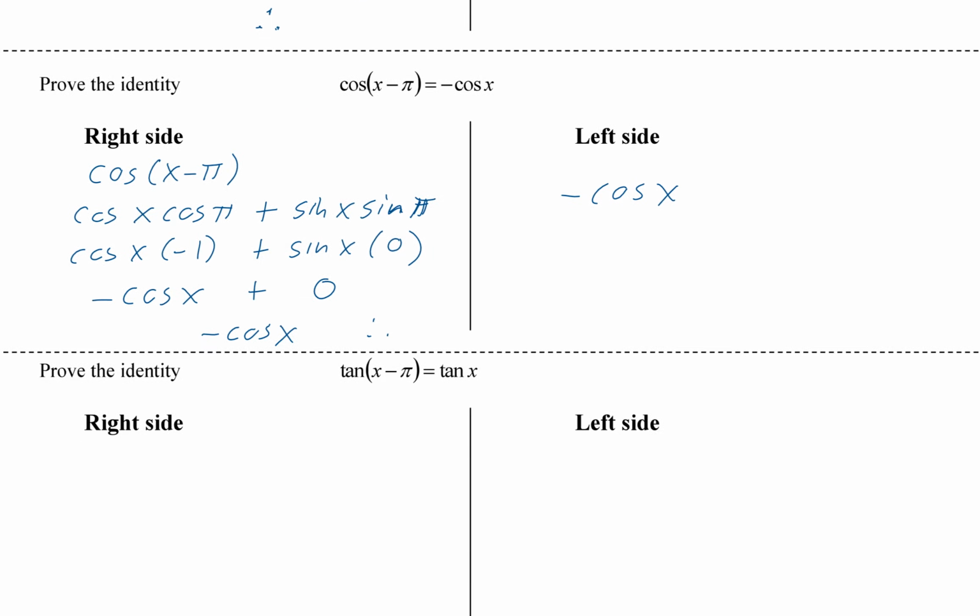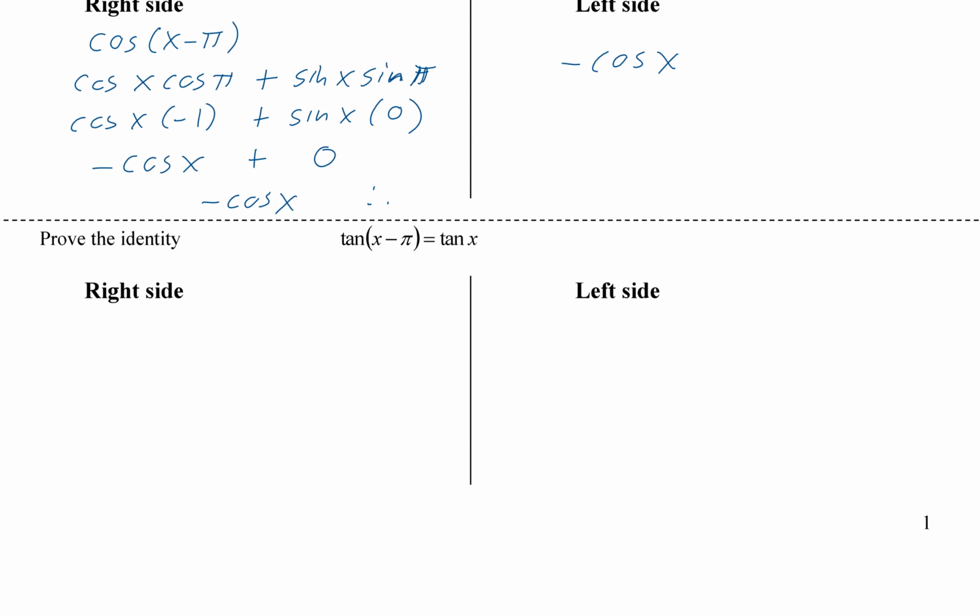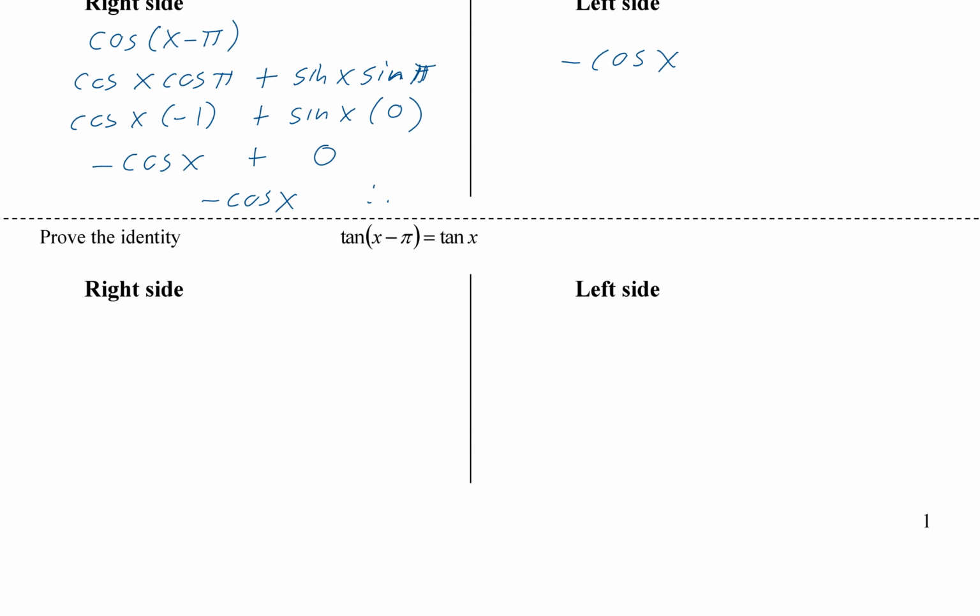All right. Let me have you try one now. So here is tangent of x minus pi. And so you're going to use the tangent one, and I will get you started. So this is tangent x plus tangent pi, and then 1 plus.